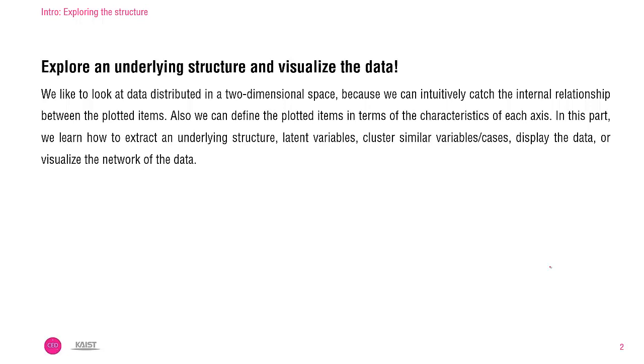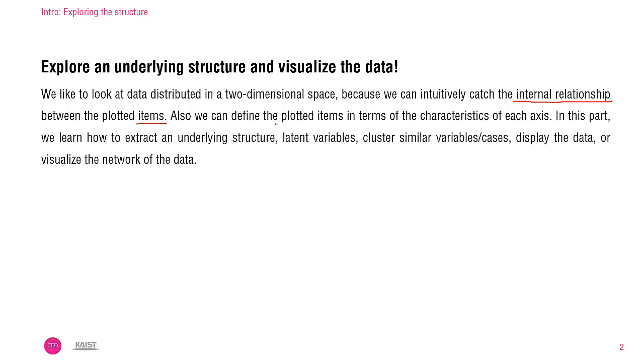We like to look at the data distributed in a two-dimensional space because we can intuitively catch the internal relationship between the plotted items. These items can be independent variables or dependent variables, or sometimes the people who have evaluated the dependent variables.